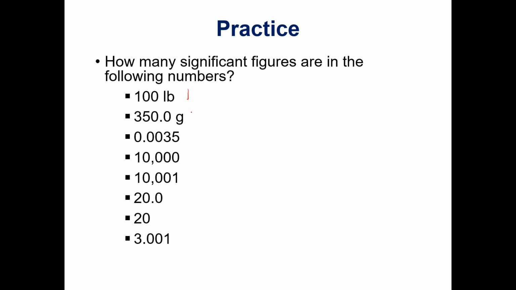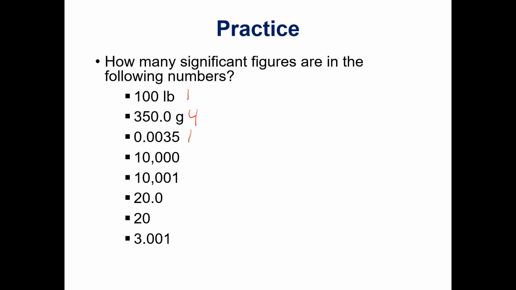So this number would have 4 significant figures. 0.0035, those are leading zeros, so those are never considered significant. So this number only has one significant figure.